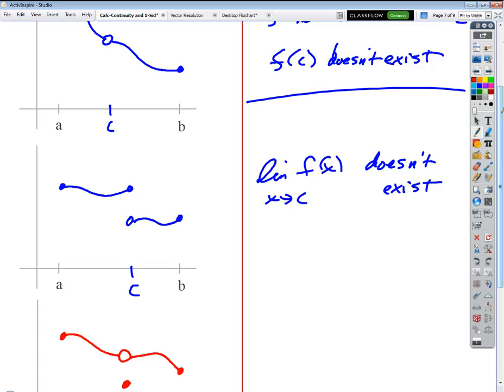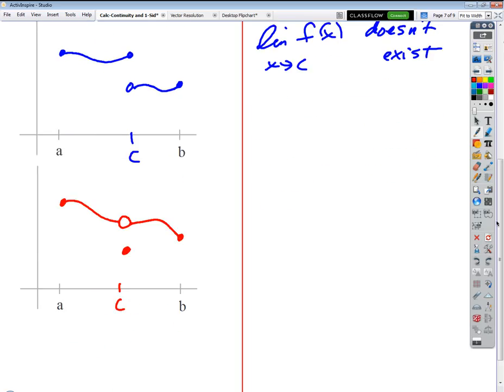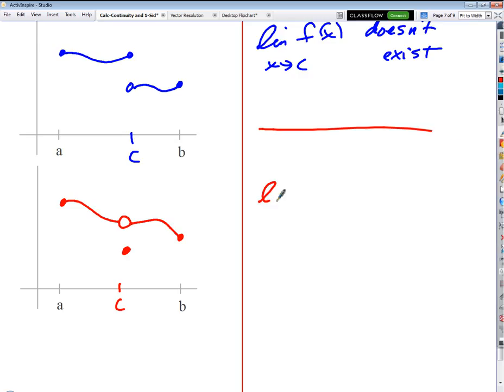Just saying that the function has to exist and the limit has to exist wasn't enough because both the limit and the function exist here. But the problem is, in this case, the limit of f of x as x approaches c doesn't equal f of c. The value of the function and the value of the limit do not agree.